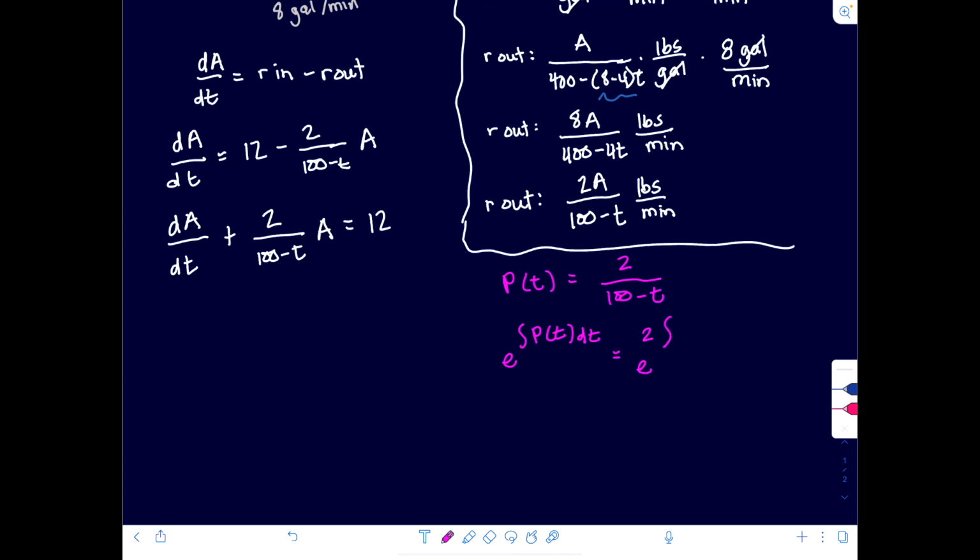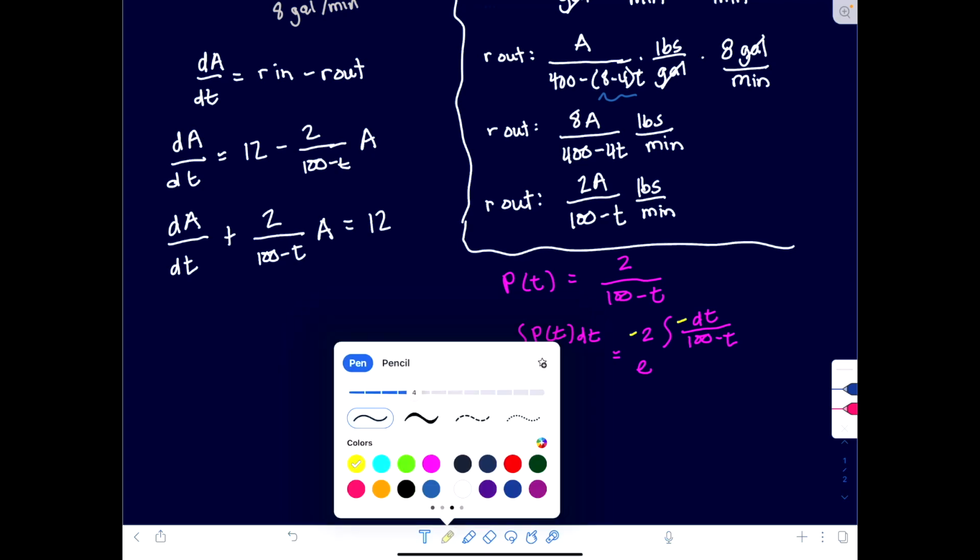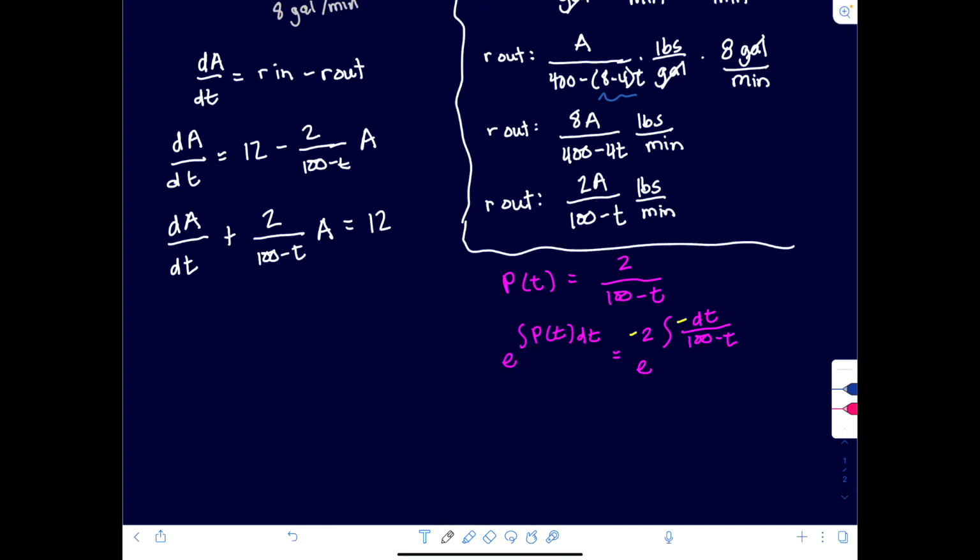Well, 100 minus t, we've got that negative in front of the t, so we want to balance that out. So we need a negative dt to integrate, and then that's going to give us e to the negative 2, sorry, be consistent with the color. That's going to be e to the negative 2 natural log absolute value of 100 minus t.